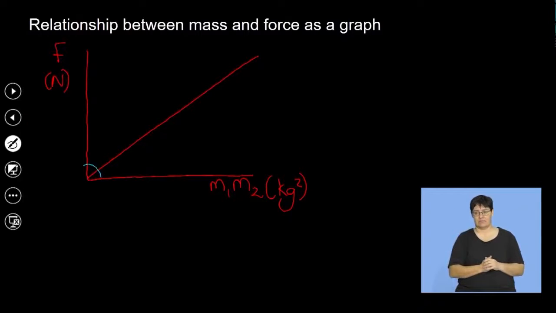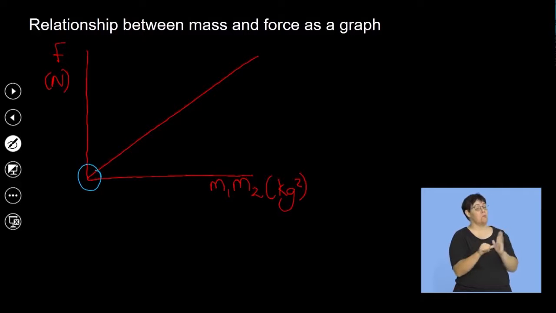The fact that it goes through the origin is very important. Why do I know it goes through the origin? Well, if my objects have no mass, which isn't physically possible, but if they have no mass, they can have no force of attraction. It's as simple as that. So going through the origin works.